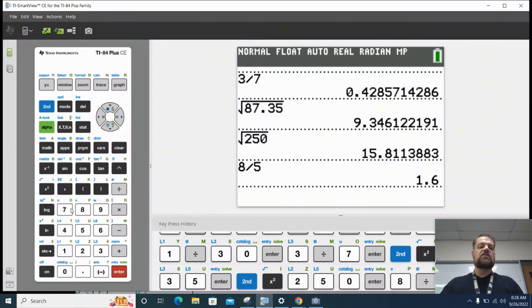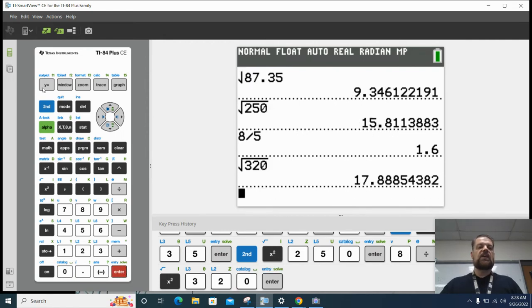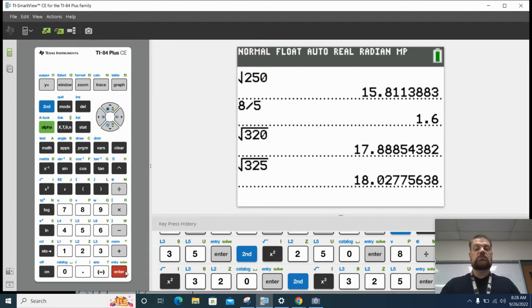So I'm going to say the square root of 320 is 17.88, and then the other one was 325, right? That one probably is going to be irrational.